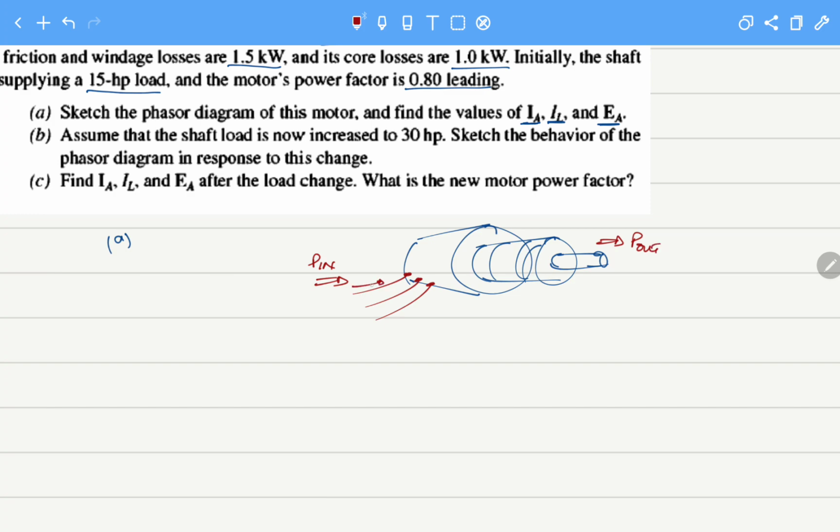Also the current that is traveling into the machine is the line current, and the voltage between these 2 terminals is known as the terminal voltage, or we can say that this is the line voltage for the machine.